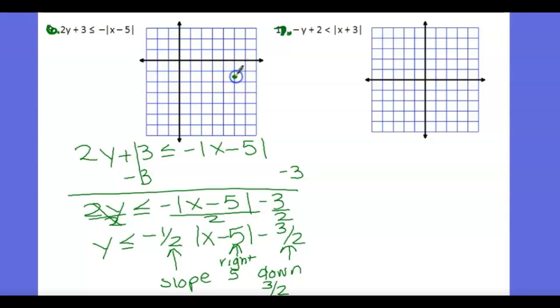So we're going to plot our vertex. And then we're going to apply our slope.